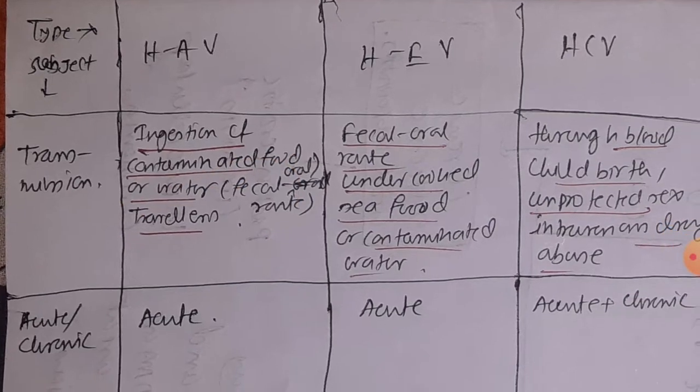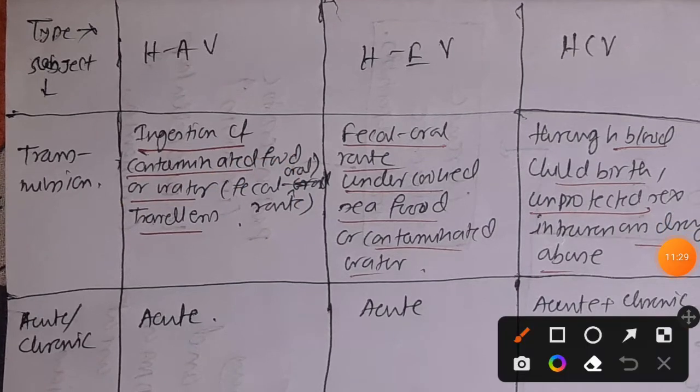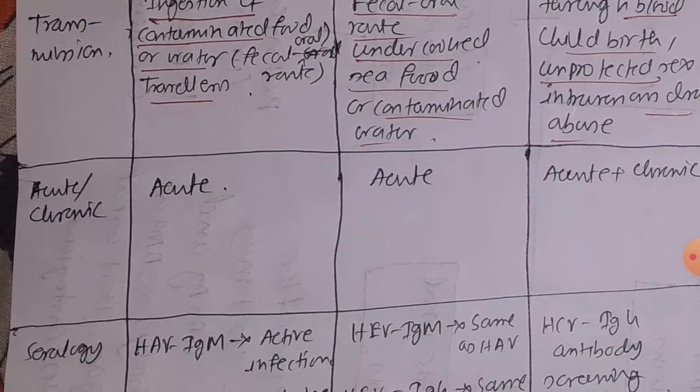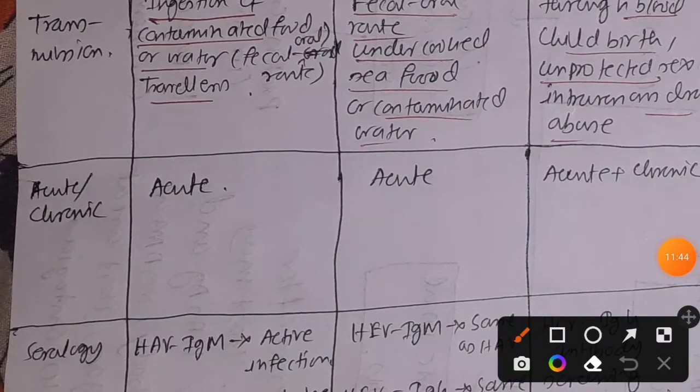Similarly, in HEV you may also find the fecal oral route as the mode of transmission, if undercooked seafood or contaminated water is ingested. Okay, and in both hepatitis A virus and hepatitis E virus, you may find only acute cases.